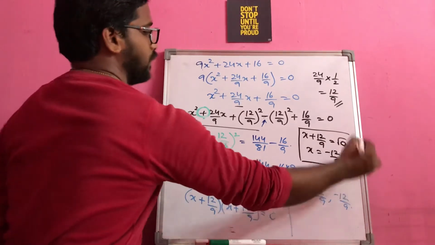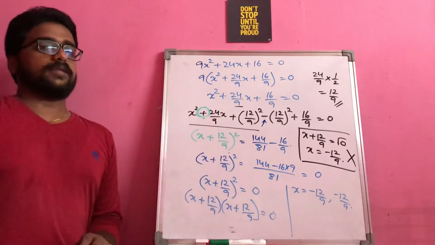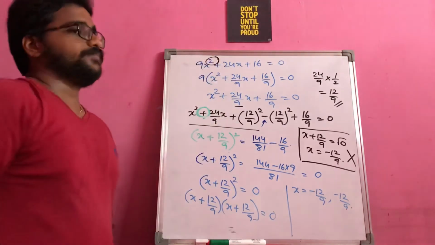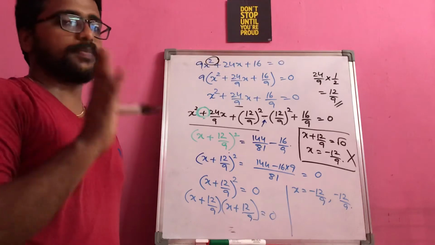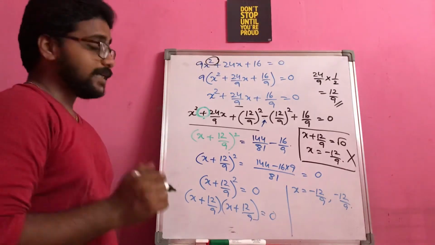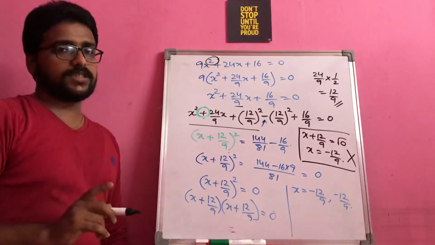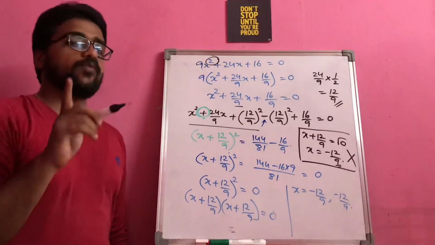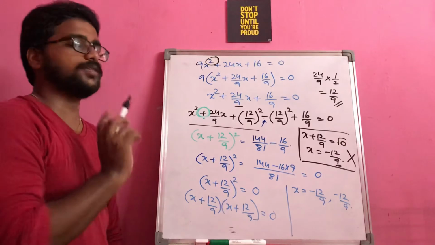Why can't we write like this? This is a wrong method. Why? Because of simple logic. This is a quadratic equation. The highest power is 2, which indicates you have to get two solutions. If you straight away write like this, you are skipping one root. That's why your answer will be wrong.